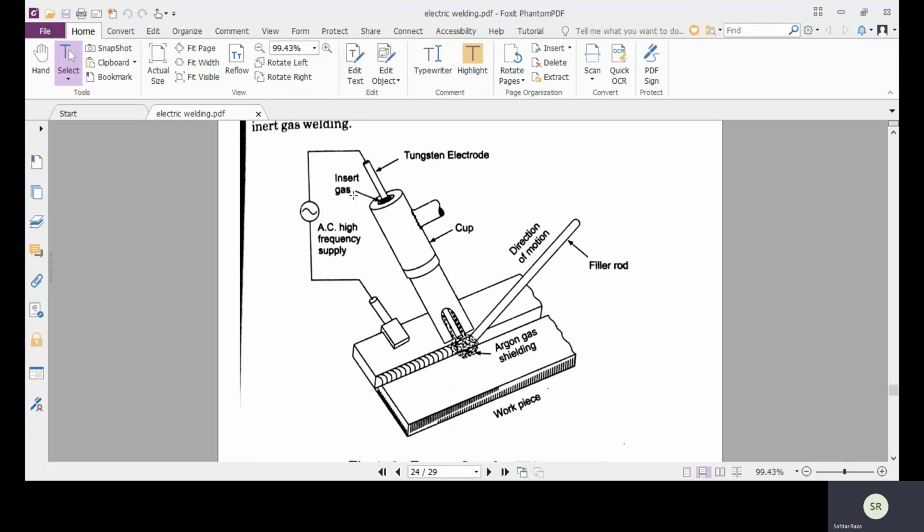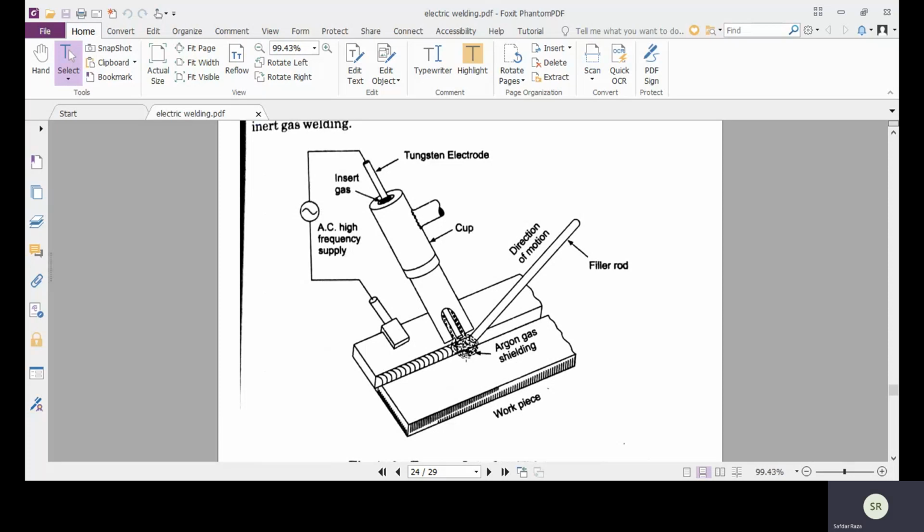The arc is struck by touching the electrode with a scrap piece of metal or tungsten, or by using a high frequency unit. Here the arc is produced by connecting the negative terminal with the high frequency unit. After striking the arc, it is allowed to impinge on the job and a molten weld pool is created at this point.